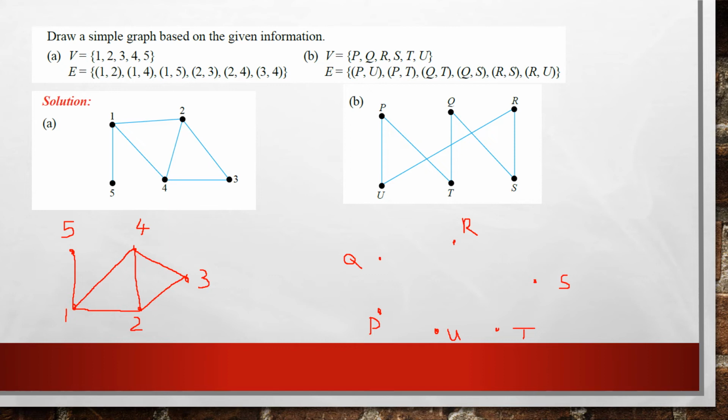So you have to follow. The first one is PU. Next is PT. The line must be followed. Please use a ruler. Then you want to draw QT. You draw QT. Then QS.